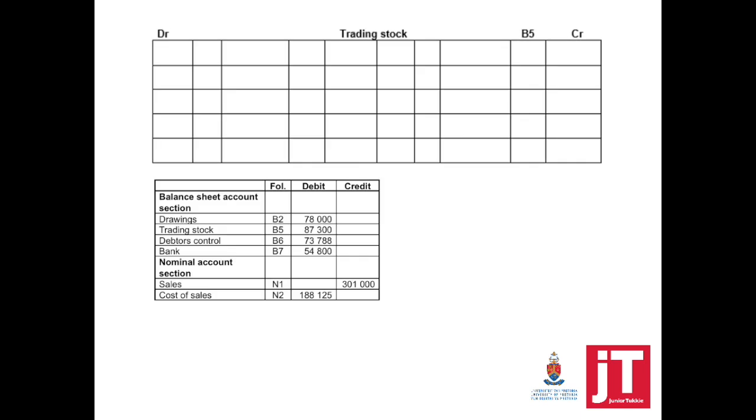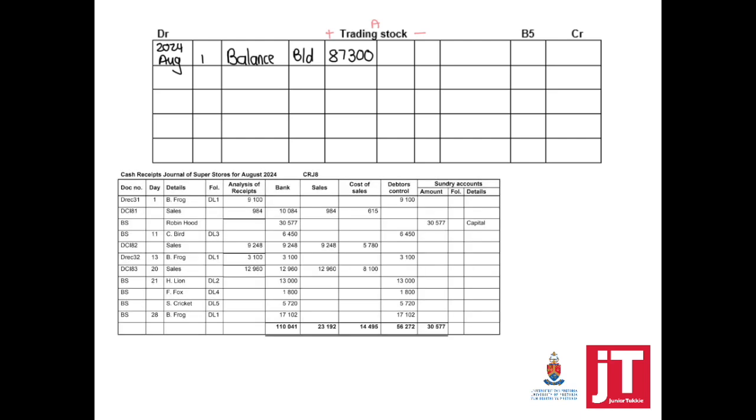The second account that we need to do is the trading stock. With my trading stock, we start with the opening balance. It's an asset, which means it will appear on the debit side. From the cash receipts journal, it means that goods were sold and the cost of those goods goes under cost of sales.